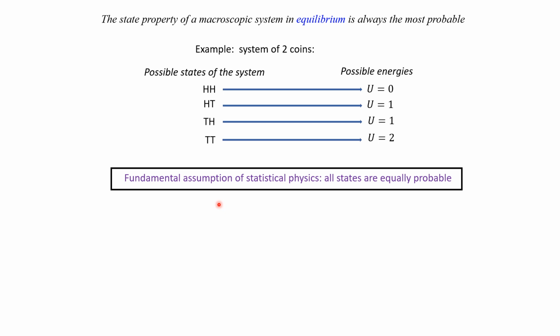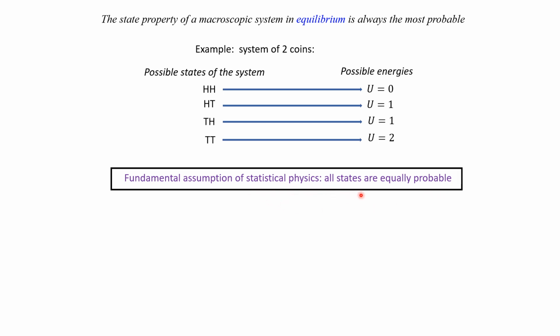Now every theory has some assumptions, and this is also true in statistical physics. Here we have the so-called fundamental assumption of statistical physics, and this is the assumption that all states are equally probable. We are going to assume this all the way in our course. We don't know if this assumption is strictly speaking true, but we know that statistical physics works.